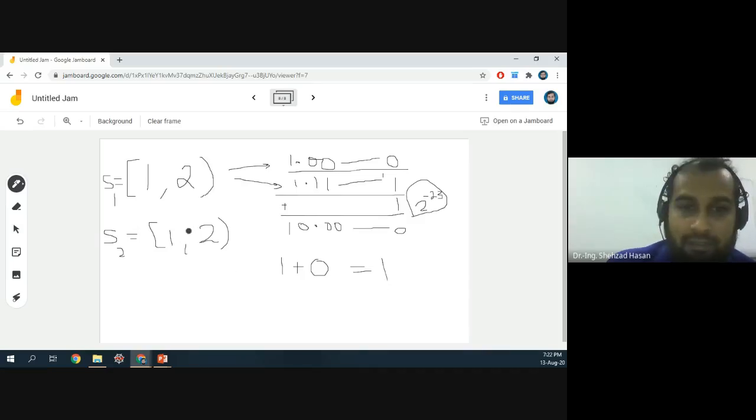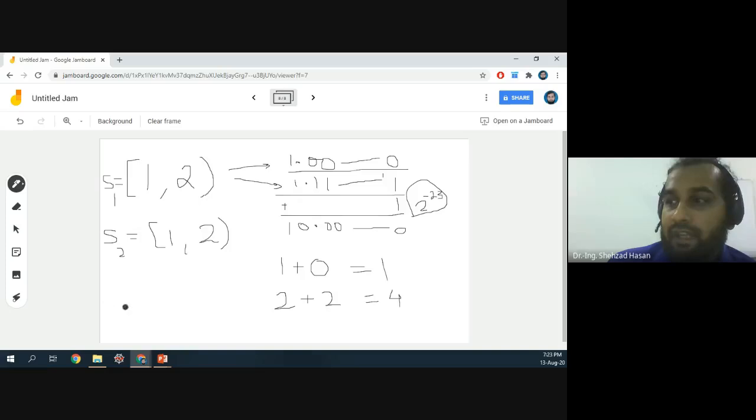Now let's take the other case. When both of these numbers have the same exponent and they have their maximum values, which are closer to 2, and you want to add them, what are you going to get? 4. Not exactly 4, but a number which is very, very close to 4, right?